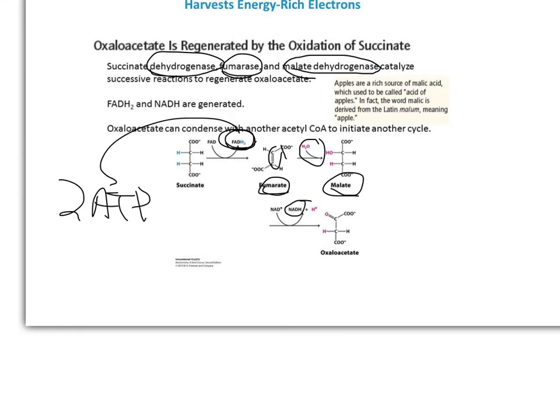Dehydrogenases tend to either use or create NADH. Just think of it that way. In this reaction, it creates NADH. Malate dehydrogenase takes malate and oxidizes that carbon to form this ketone here, and now you get oxaloacetate. Guess what? You've just completed the cycle, and now another molecule of acetyl-CoA can come in and do the whole thing all over.